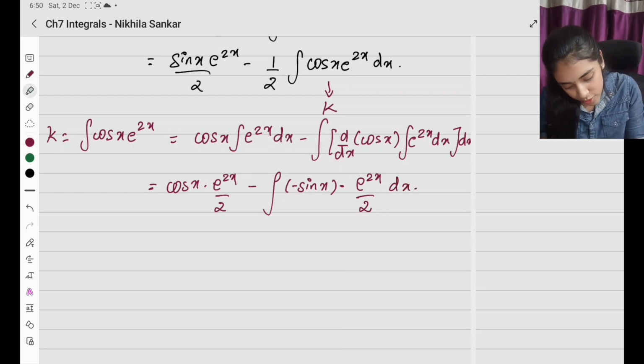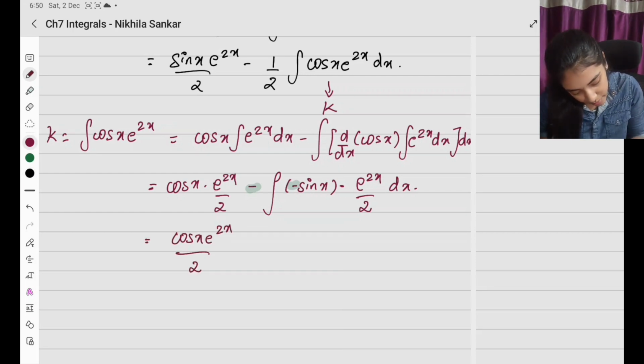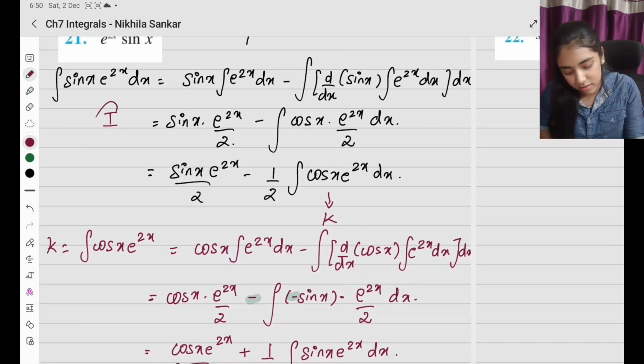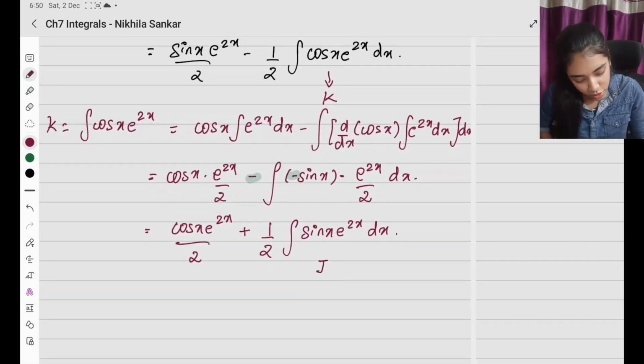So minus plus ஆயிடும். Cos x e to the 2x divided by 2 plus 1 by 2 வெளியில எடுக்கலாம். Integral of sin x e to the 2x times dx, which is nothing but our I. In the I இல்லையா? So this is going to be I.